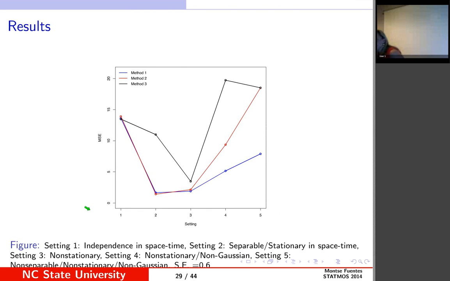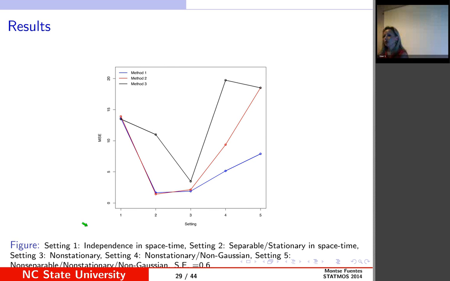So we go from setting 1. In this graph, just to illustrate quickly the results, we look at the MSE aggregated across space and time on the vertical axis, and on the horizontal axis, we compare 5 settings, 1 to 5, that increase in complexity. In setting number 1, we are looking at the independent model in space and time.